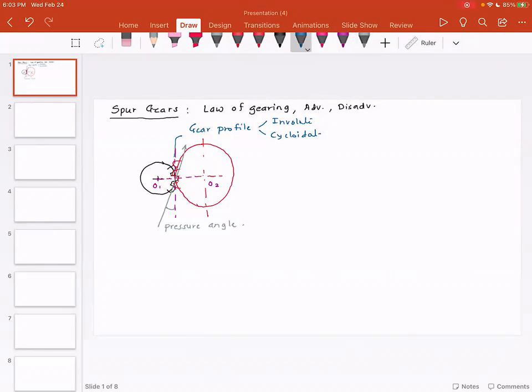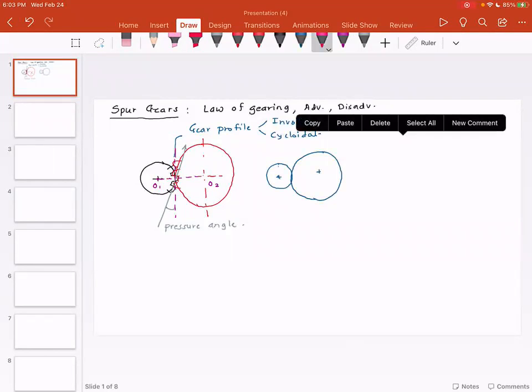If you look at the friction wheels, so I'm just showing you two wheels that are in contact and they are transmitting the power, then the force that is transmitted will be perpendicular to the line of centers.